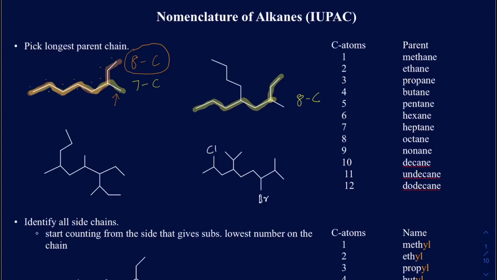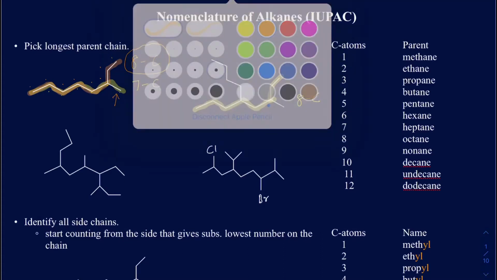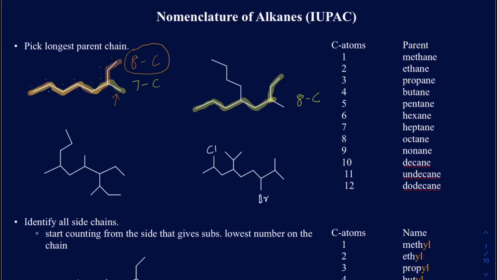Okay, but what about if I pick something like going from the top, coming down, and then going this way, basically. So if I choose this one, then the longest chain I'm going to have here would be 1, 2, 3, 4, 5, 6, 7, 8, 9. So I'm getting 9 carbons in that particular case.